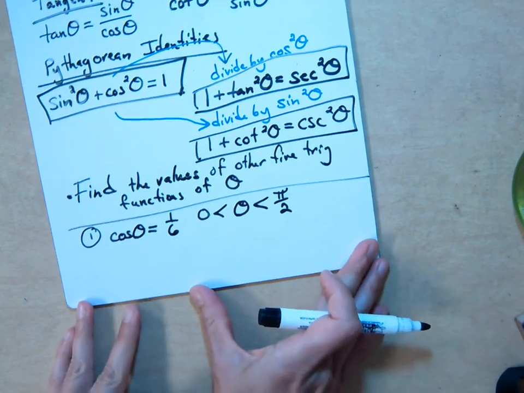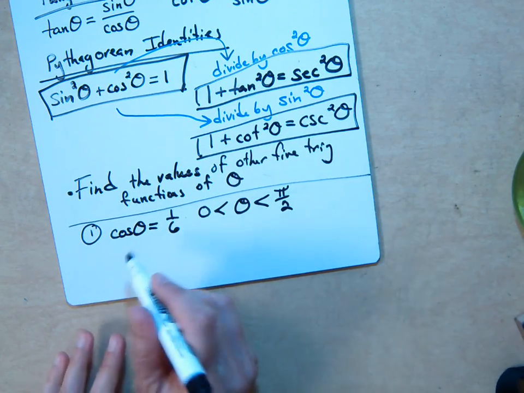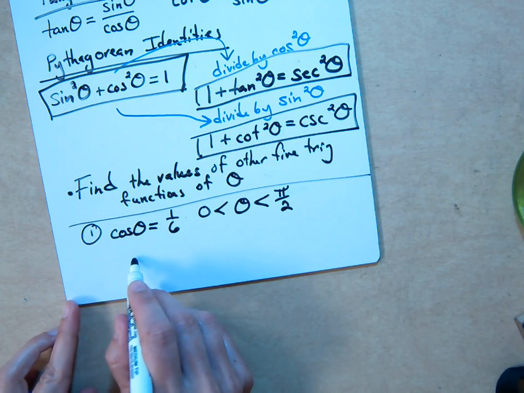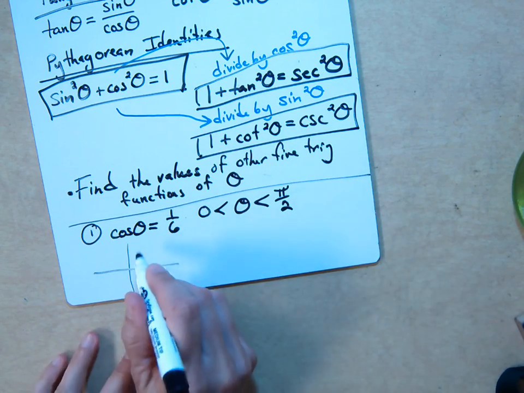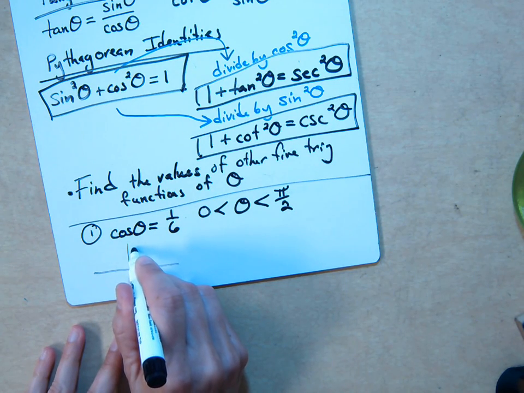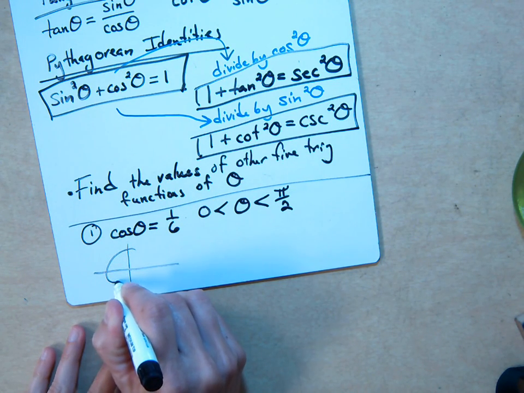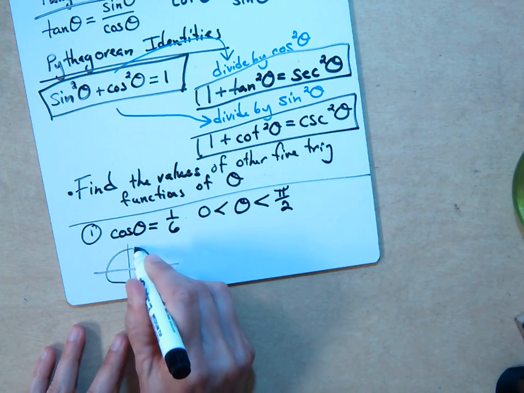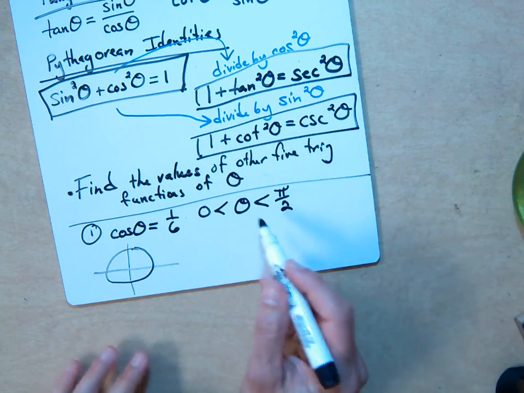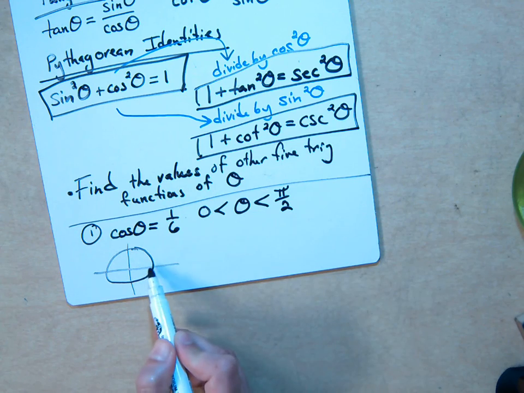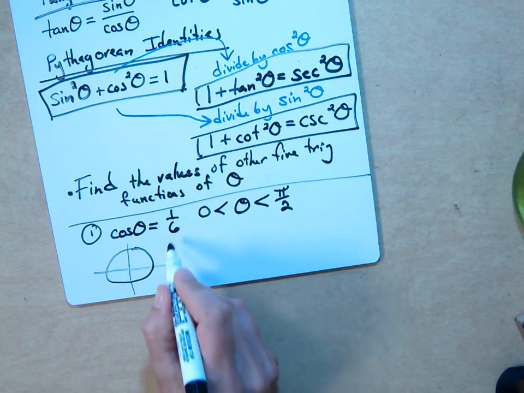So the first thing we're going to do is draw a picture. Always. Draw a picture means make an XY coordinate plane and draw a circle. It's not necessarily a unit circle. In fact, in this case it can't be. For theta to be between 0 and pi over 2 radians, that means quadrant 1.